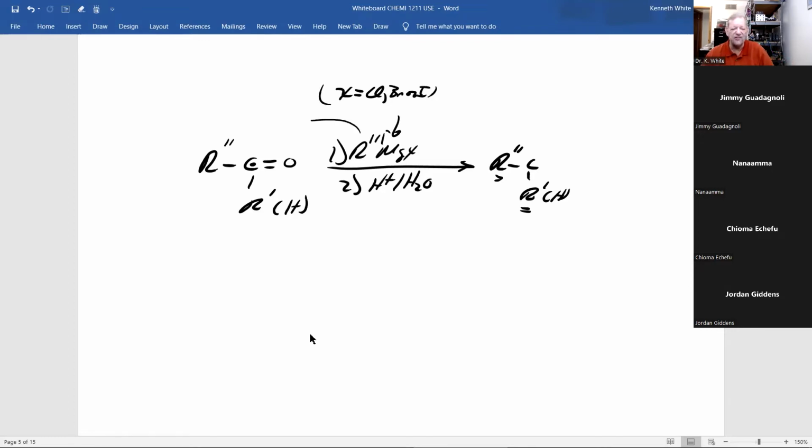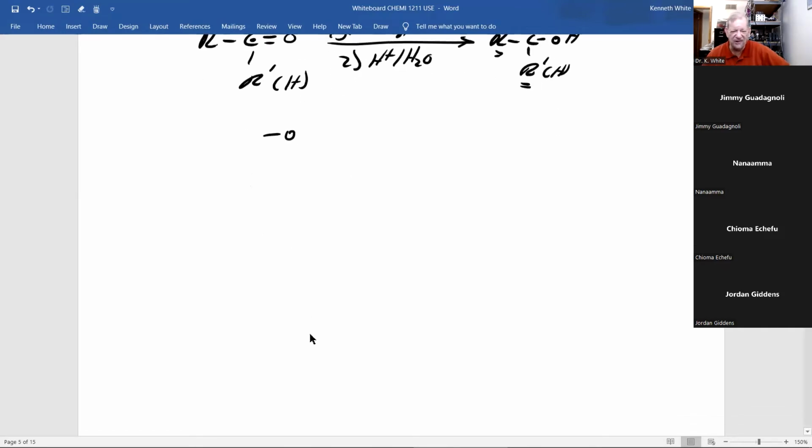And remember, this attacks that, and it opens up to an alcohol, and you make that special thing, a carbon-carbon single bond. Very special, very rare, very good to do, which is why Dr. Grignard won a Nobel Prize.